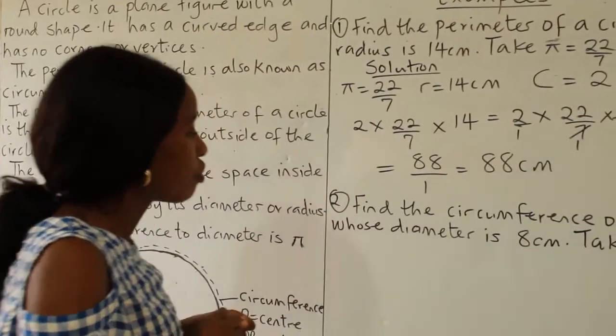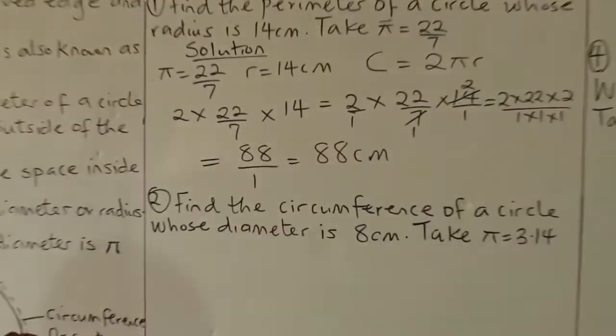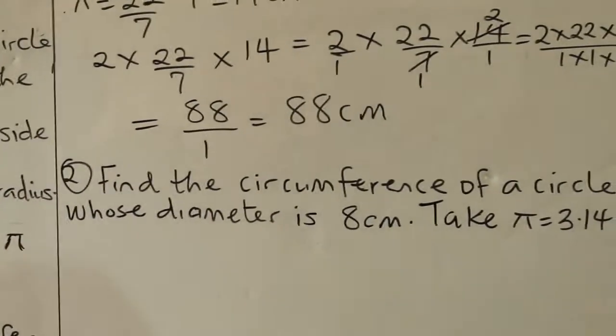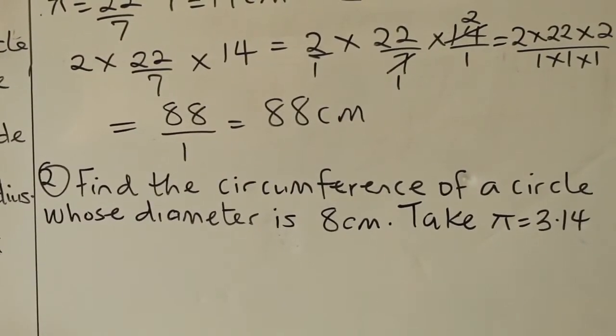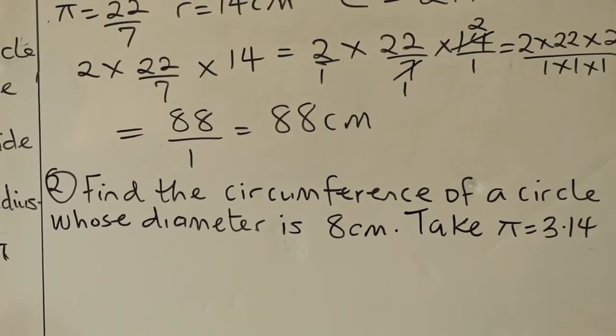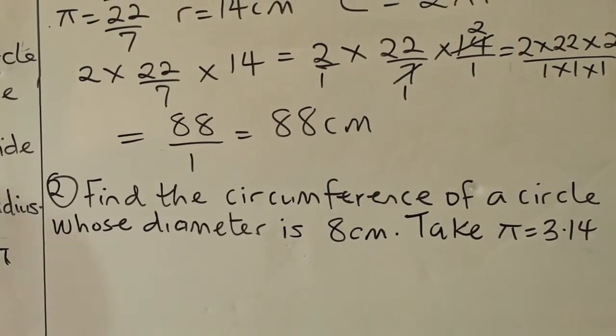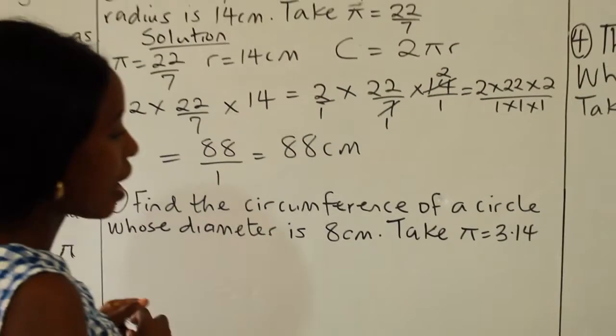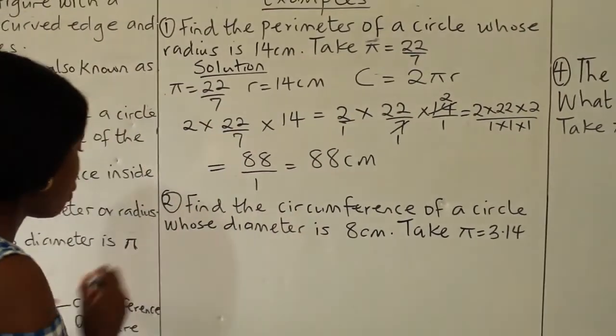Question number 2. Find the circumference of a circle whose diameter is 8 centimeter. Take pi equals to 3.14.